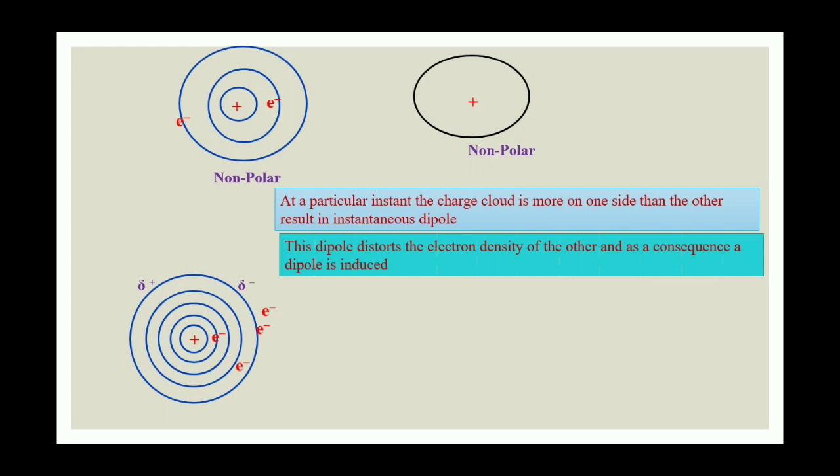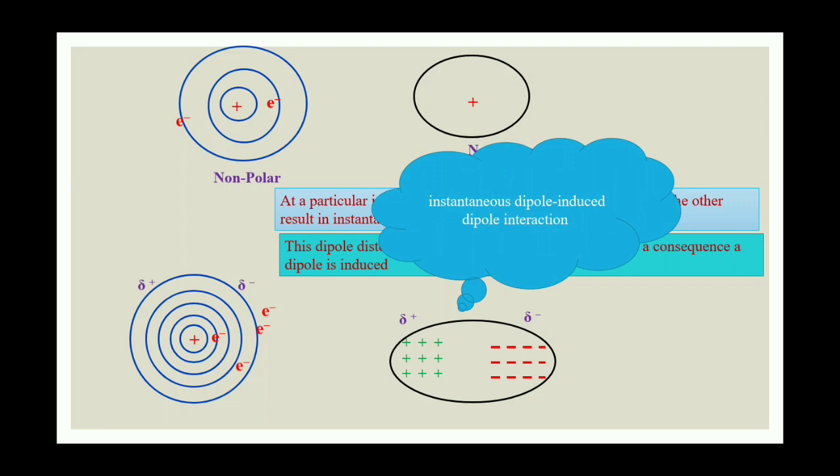Now if another non-polar molecule comes into contact with this one, a charge separation will be induced. So this is the weakest force among these intermolecular forces, and you should remember it happens only at one particular instant. So we also call it instantaneous dipole induced dipole interaction. So there are three names: dispersion forces, London forces, and instantaneous dipole induced dipole interaction.